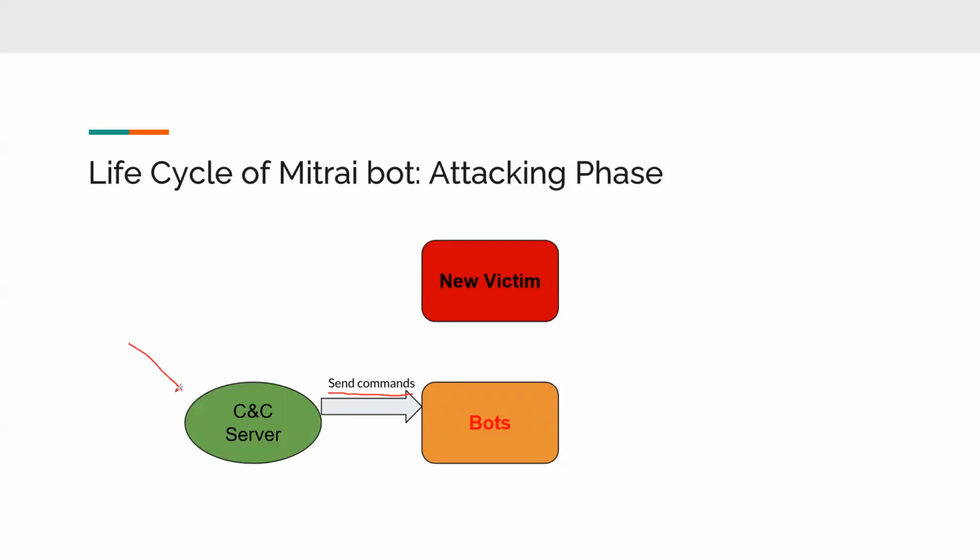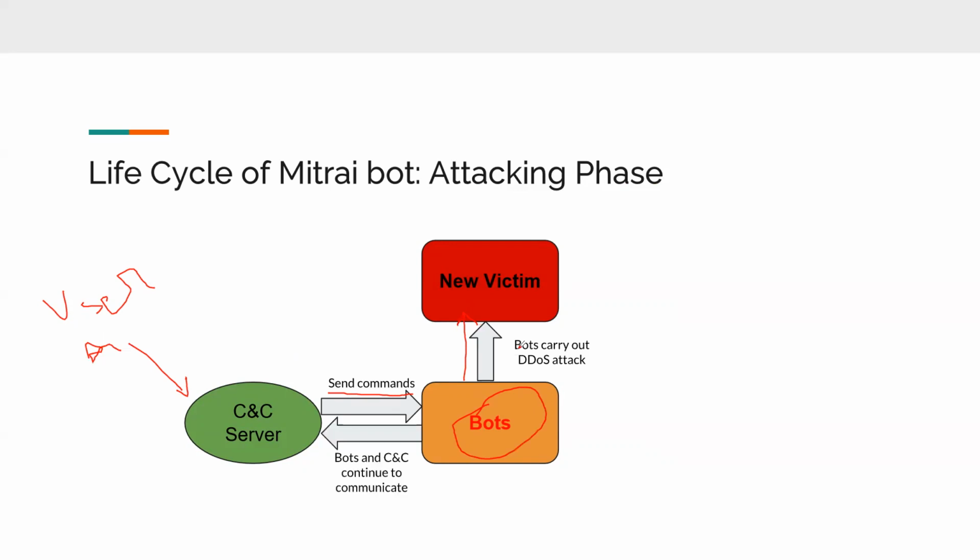Basically, the user and the admin are making the command, and once the bots receive the command, they schedule it, they determine the time when to send the packets to the victims, and the bots carry out DDoS attacks. And the last part is that the bots and the CNC server continue to communicate for their internal communication.